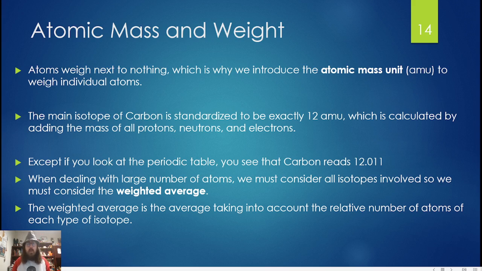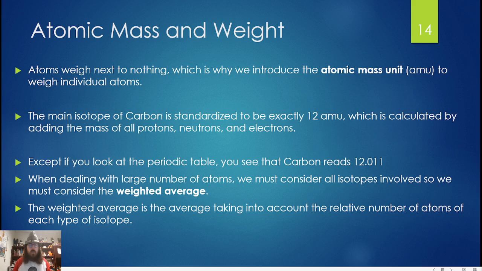And so it becomes very hard. Once again, all weights have to be standardized off of some number so that scientist Dr. Bob over in Washington, D.C. can do something with Dr. Laura over in Oregon, and Dr. Rajit over in India can all have the same numbers.